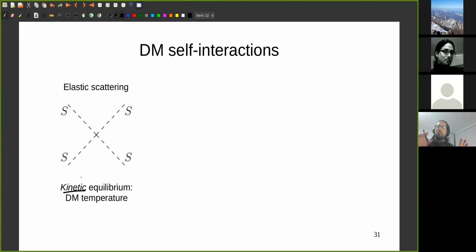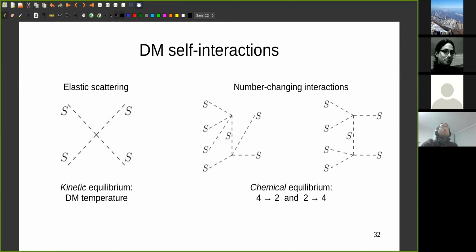Both sectors will be characterized by temperatures, but different temperatures. The photons will have one, and dark matter will have another temperature if kinetic equilibrium is reached, via elastic scattering, so two dark matter into two dark matter. However, if interactions are sizable enough, we can have more than elastic scattering.